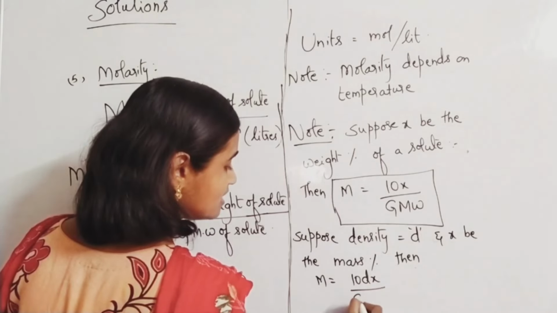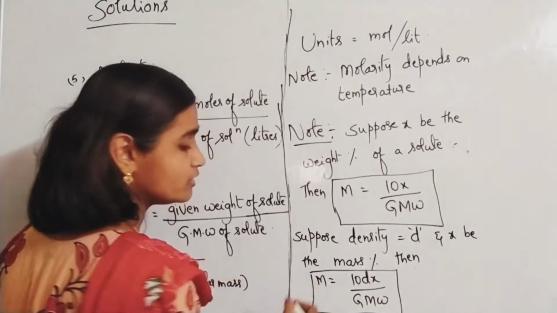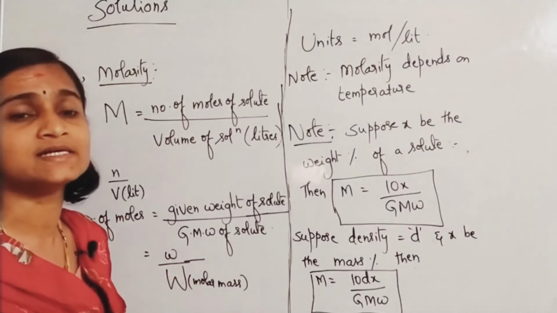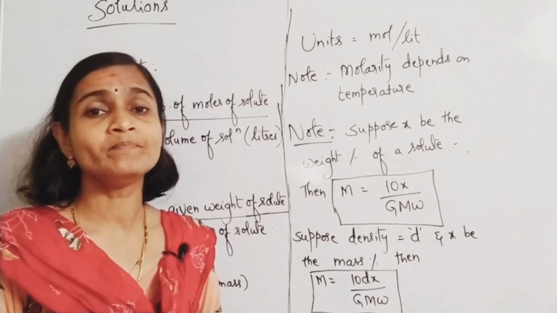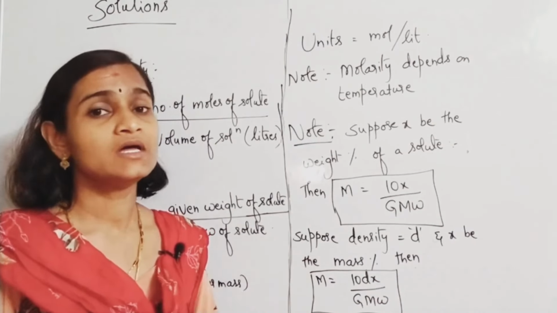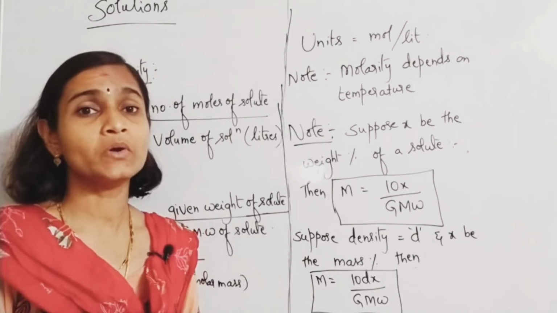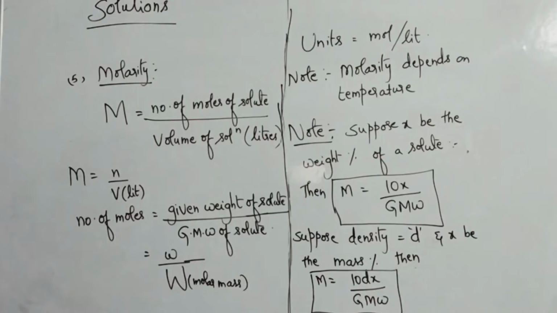What is GMW? Gram molecular weight. 10 into D into X. D is density, X is the weight percentage or mass percentage of that particular solute. So this is the formula if density and mass percentage both are given to you.